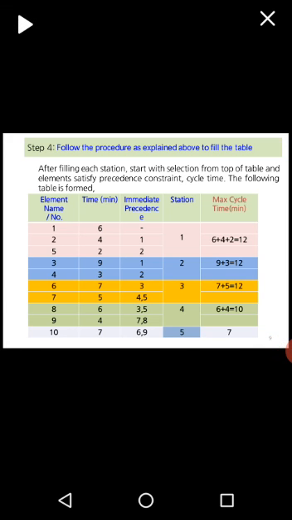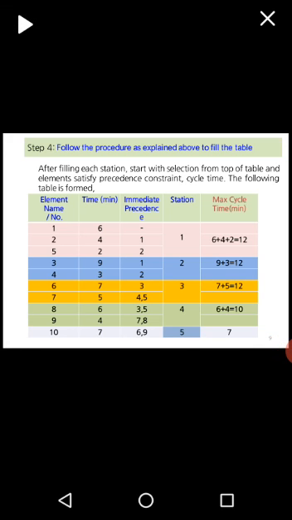Station 2 has elements 3, 4. In station 3 we have elements 6, 7. In station 4 we have elements 8, 9. And finally in station 5 we have only one element, that is the 10th element.